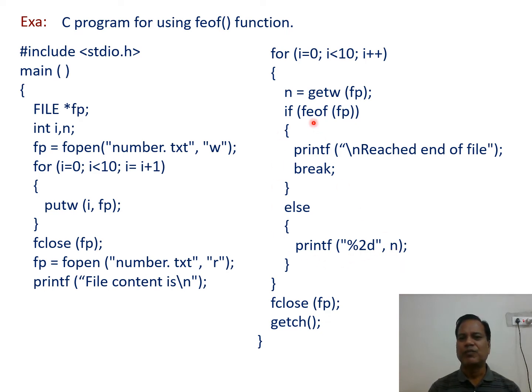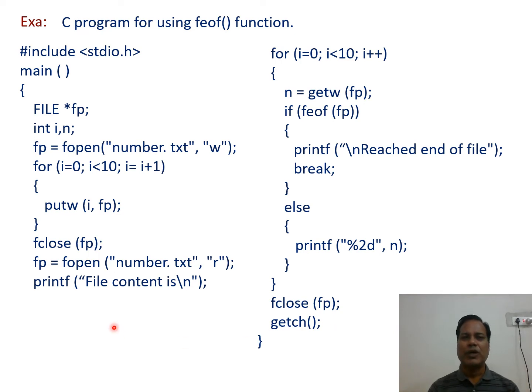If the condition becomes true that all the data has been read, then control comes out of the for looping statement, and fclose(fp) closes the opened file. Then the getch function just waits for any character to be entered through the keyboard, and in this way the output screen where data is displayed is held.